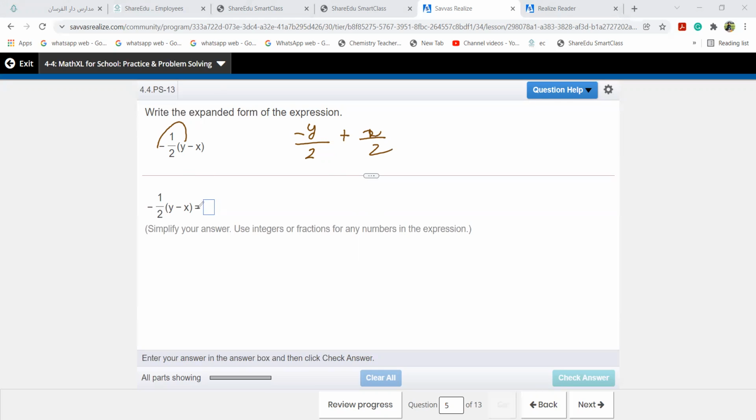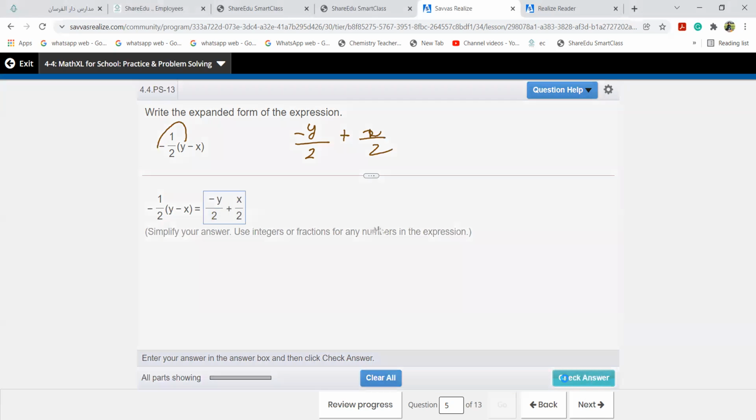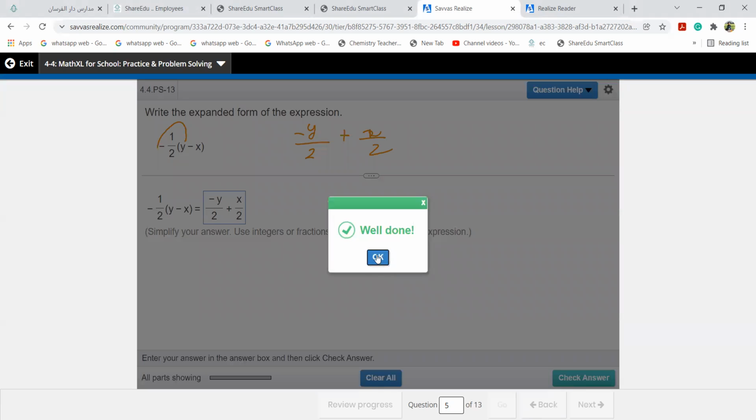Over 2 and over 2. Minus y over 2 plus x over 2, right? Yes, miss. Perfect.